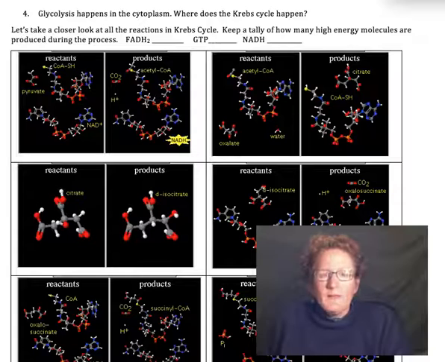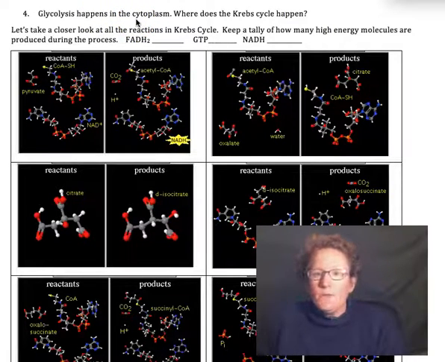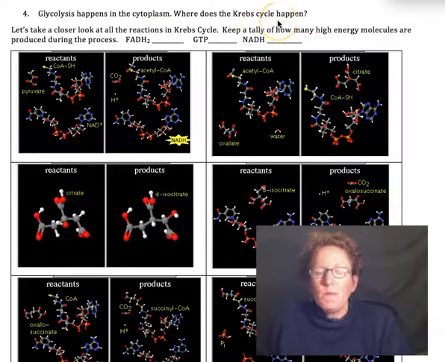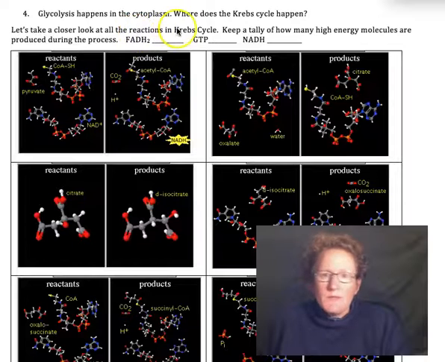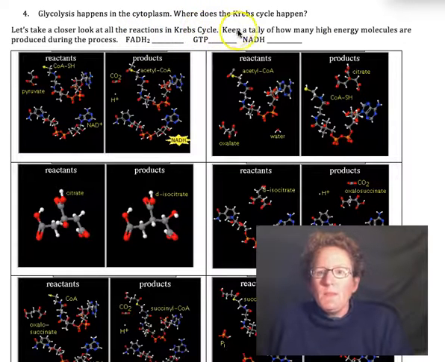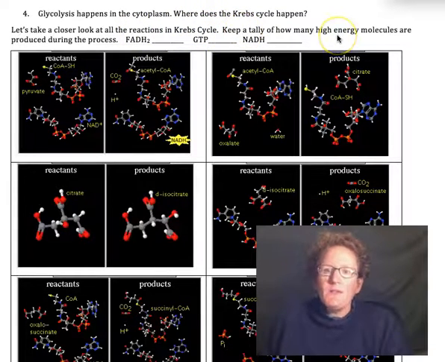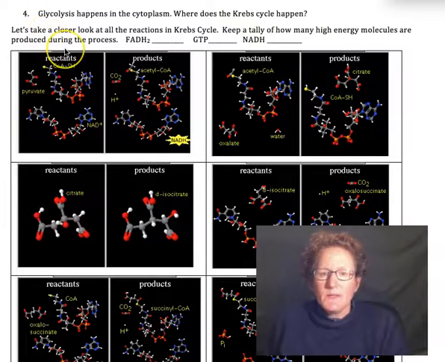So glycolysis happens in the cytoplasm of the cell, and it's our mission now to figure out where the Krebs cycle happens. We'll go to the simulation in a minute. We're going to look at all the reactions in the Krebs cycle. We're going to keep a tally of how many high energy molecules are produced during the process.